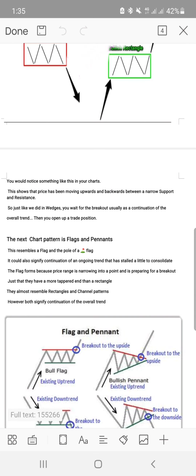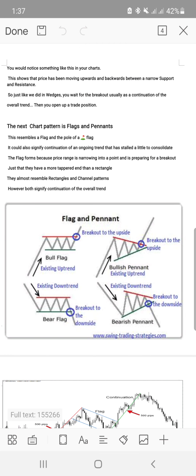Now, the next pattern we're going to be considering is the flag and the pennant. If you look at this, let's try and draw a flag.